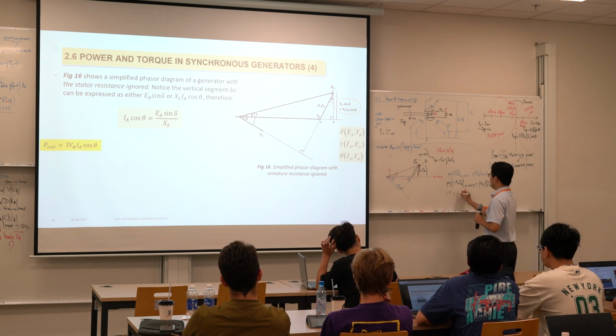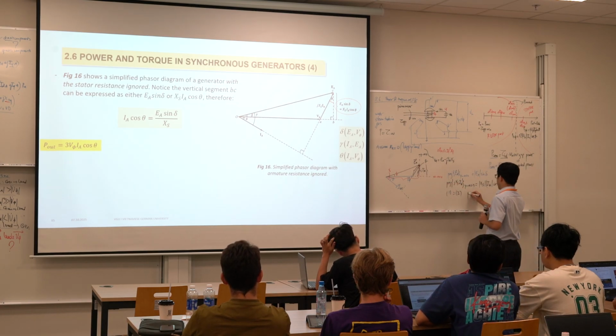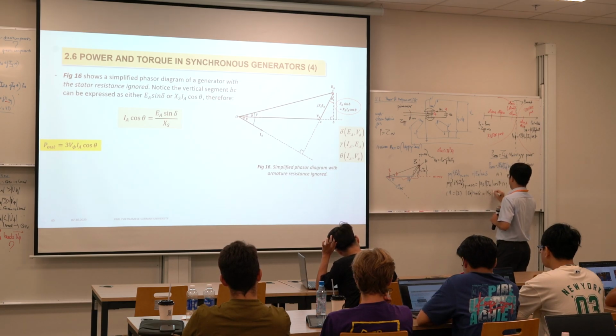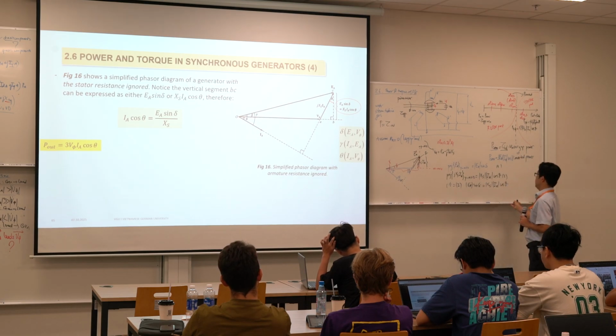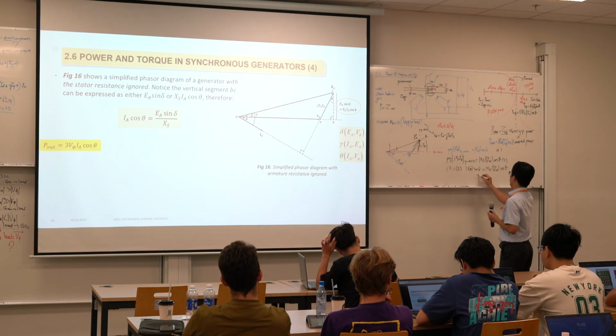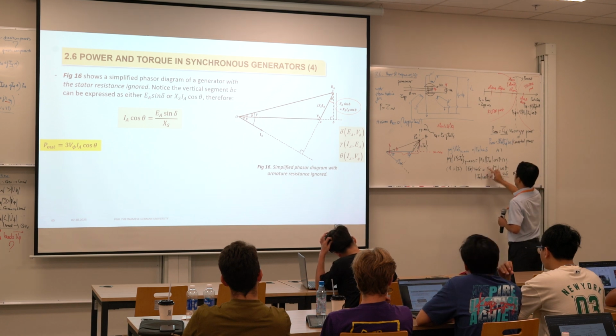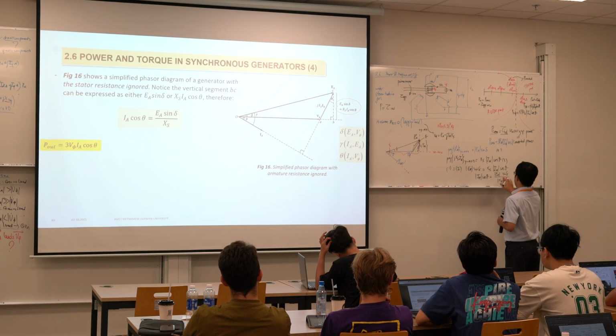So 1 equals 2, because we consider this segment. You get EA sine delta equals XS IA cosine theta. So we can get this formula. Now we have IA cosine theta equals EA sine delta divided by XS. This is constant, so we don't need to take the absolute value.